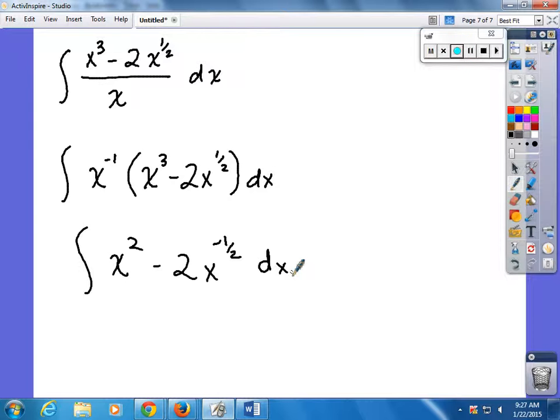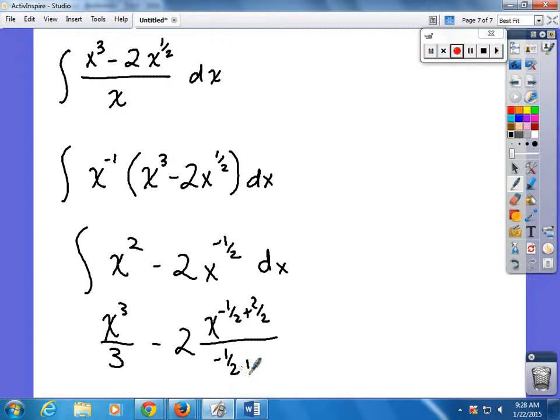All right. So now we're going to take the antiderivative, and that'll be x to the third over 3, no problem. Minus 2, and then let's take the antiderivative of x to the -1/2. So that's going to be x to the -1/2 plus 2/2 over -1/2 plus 2/2. And then that's going to give us x cubed over 3 minus 2.